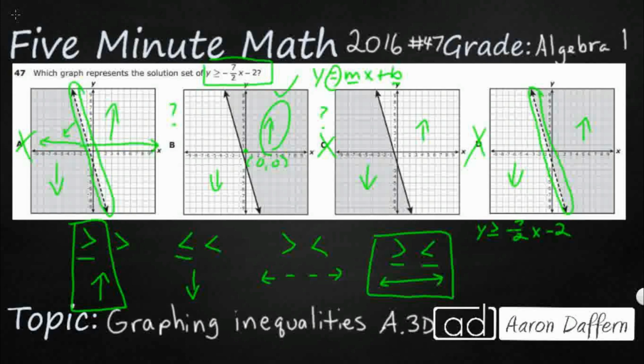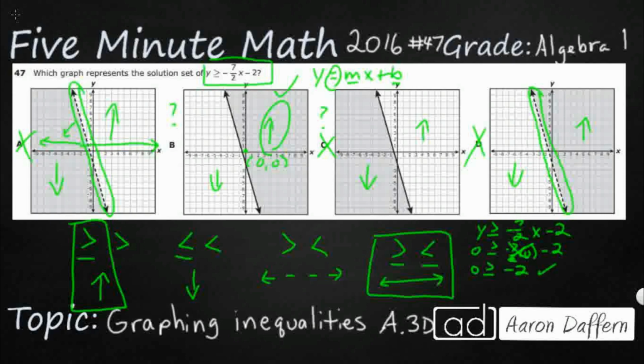Plugging in the 0, 0 should create a true statement. So 0 is greater than or equal to negative 7/2 times 0 minus 2. That becomes 0. So 0 is greater than or equal to negative 2. Okay, yeah, that's a true statement.